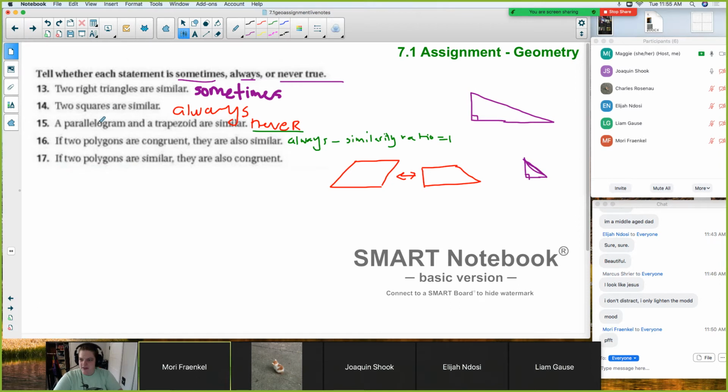Okay. And then if two polygons are similar, they are also congruent, and that might be sometimes. Kind of like how a square is always a rectangle, but a rectangle is not always a square. So that's what's happening here. Some things may be similar and congruent, but they don't always have to be similar and congruent. Interesting thing to think about.